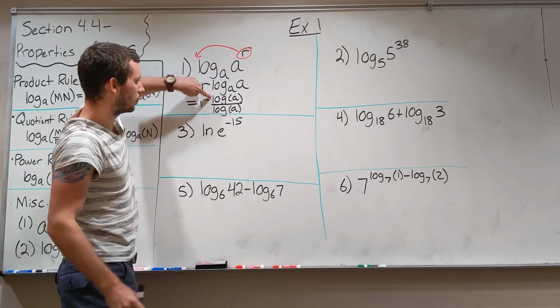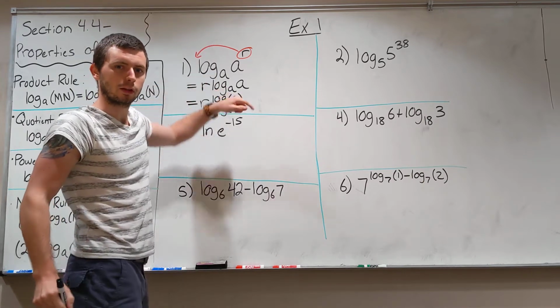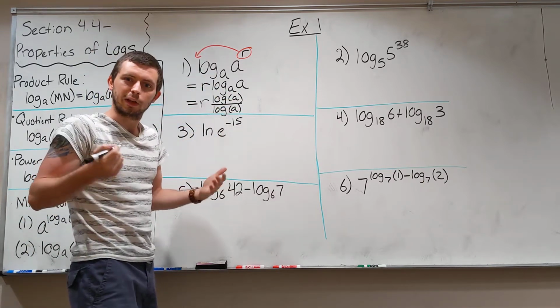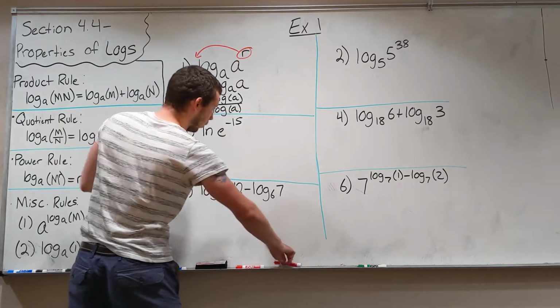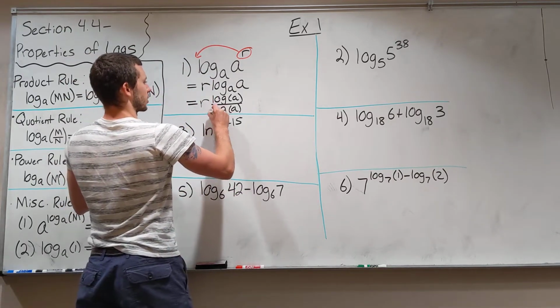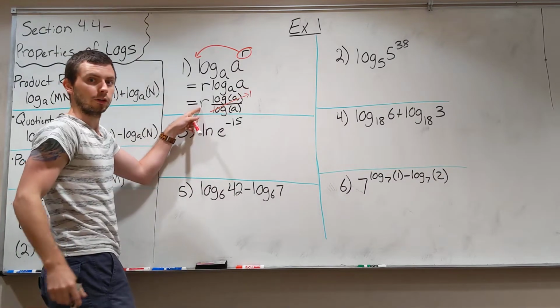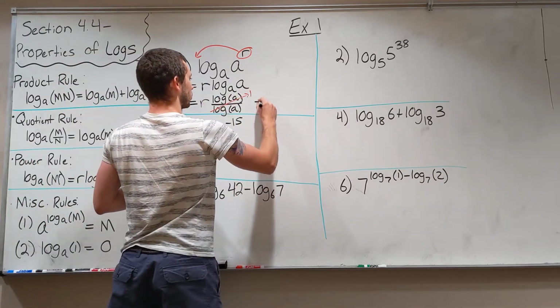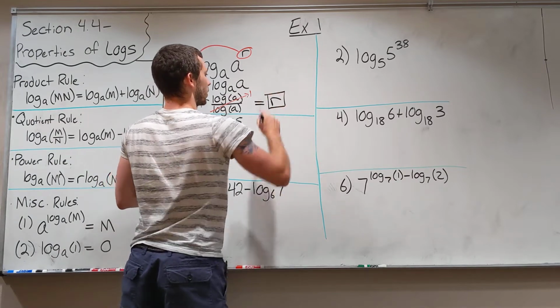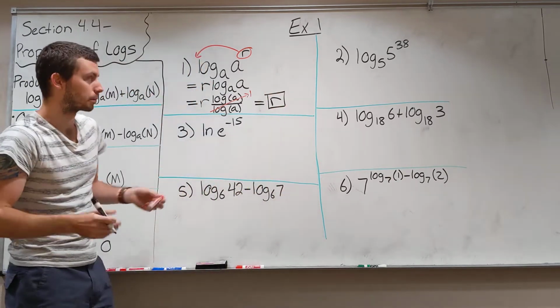But here we have log base A divided by log base A. What is anything divided by itself? Well, that's just 1. So this fraction here actually goes to 1, and there's an r in front, so it's r times 1. And r is the correct answer here.